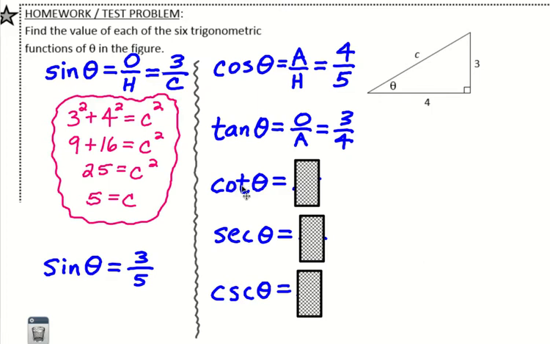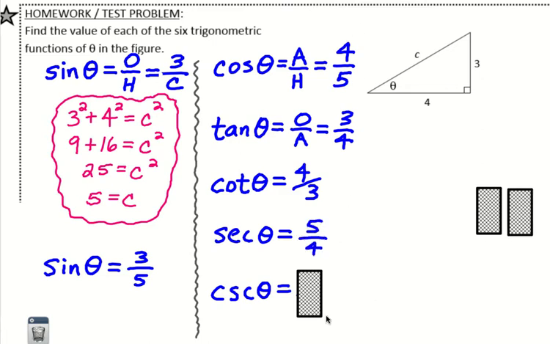Which trig function, which answer do we flip to get the answer for cotangent? What's the reciprocal of cotangent? Tangent. So we flip that, 4/3. What's the reciprocal of secant? Which one do we flip to get secant? We flip cosine, 5/4. And of course, we flip sine to get cosecant.